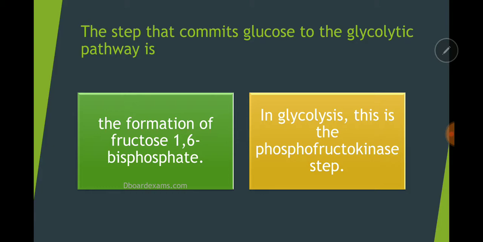All right. So the step that commits glucose to the glycolytic pathway is the formation of fructose 1,6 bisphosphate. And this reaction is characterized by, guess what? Phosphofructokinase. So this reaction characterized by phosphofructokinase commits glucose to the glycolytic pathway.